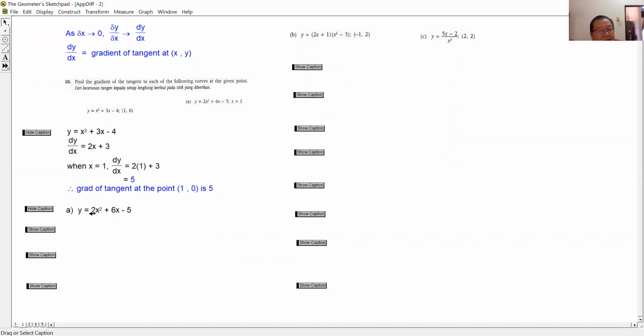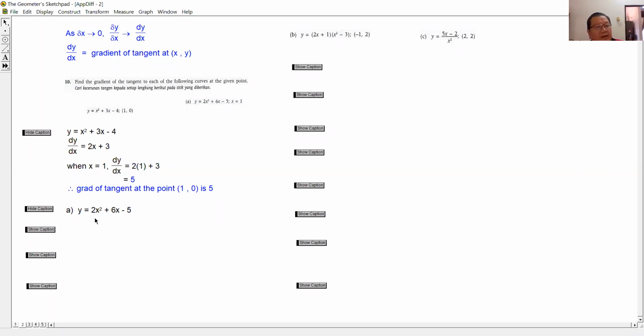Okay, so the first question: I have the curve y = 2x squared plus 6x minus 5. I want to find the gradient of the tangent to this curve at the point x = 1. They have to tell you at which point, because if they don't, you cannot find a specific value for the gradient, since different points have different gradients.